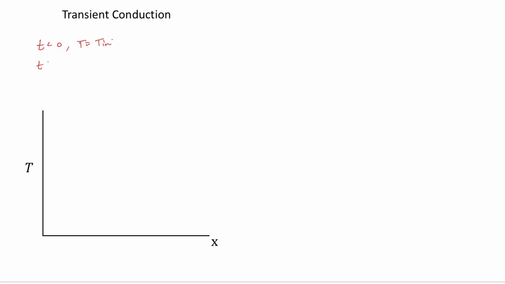Then at time greater than or equal to 0, our temperature is going to be at TS on the surface. So here, let me write some labels. Down here, this is T initial at the bottom of the y-axis, and up here, let's call this TS. Okay, so we're at time equals 0. We're transitioning immediately from an initial temperature up to some specified surface temperature.